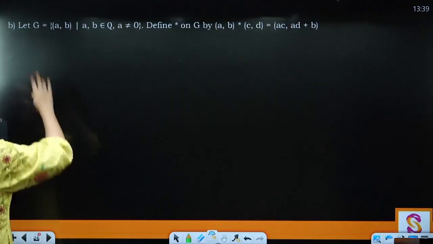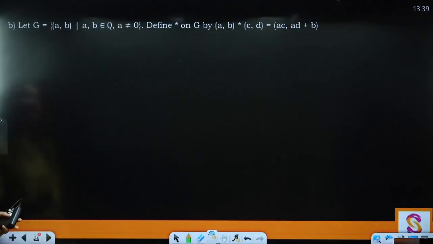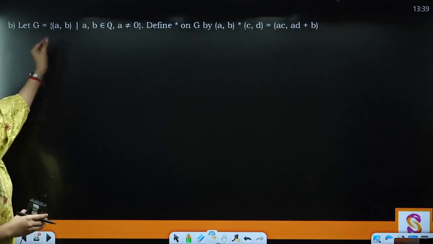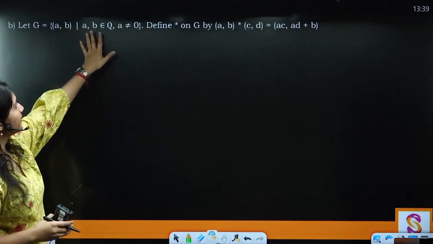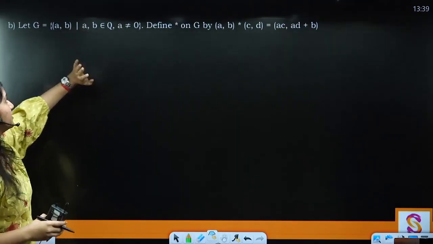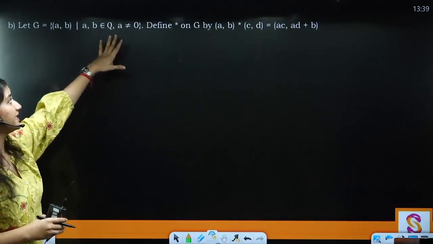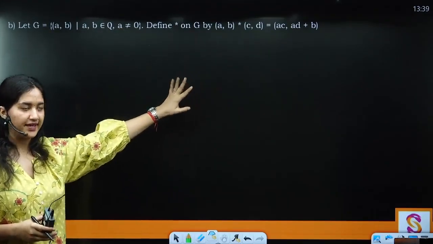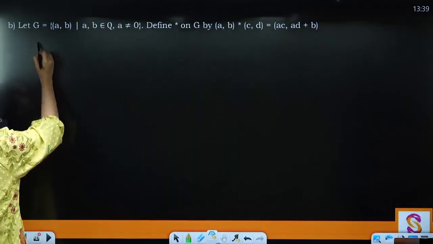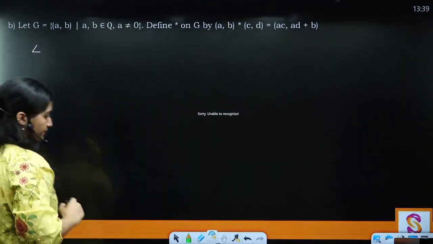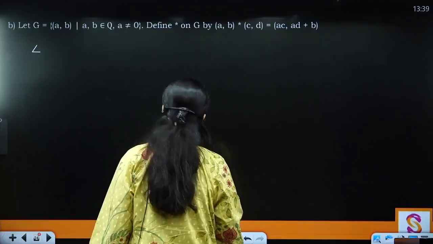So what is the set? Set is the set G. It is the set of all ordered pairs where I am taking the first element from rational numbers, and b is also from rational numbers, and a is not equal to 0, right? Let's see first about the closure property.